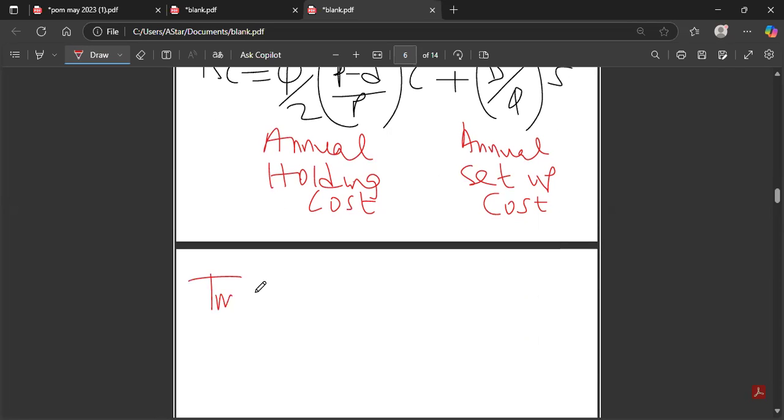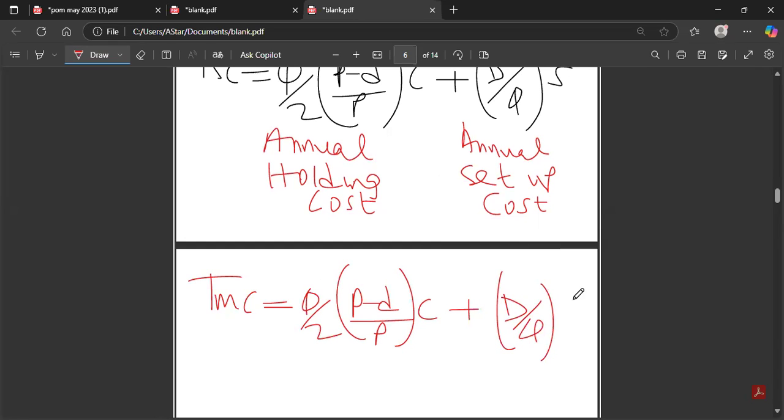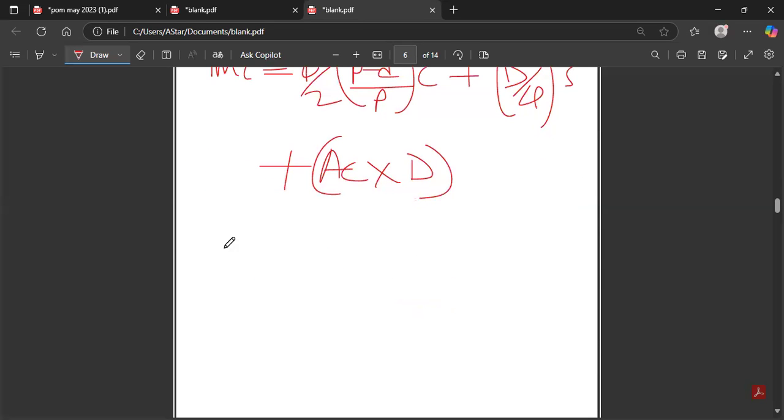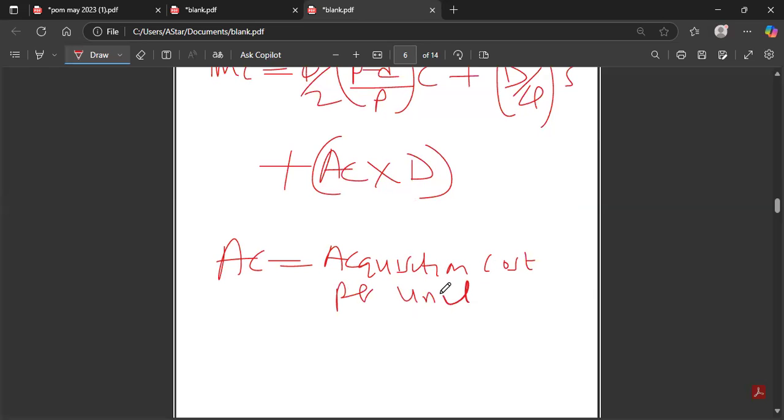Then total material cost is equal to Q over 2 times (P minus D) over P, times C, plus D over Q times S, then plus AC times D. What is AC? AC is the acquisition cost per unit.